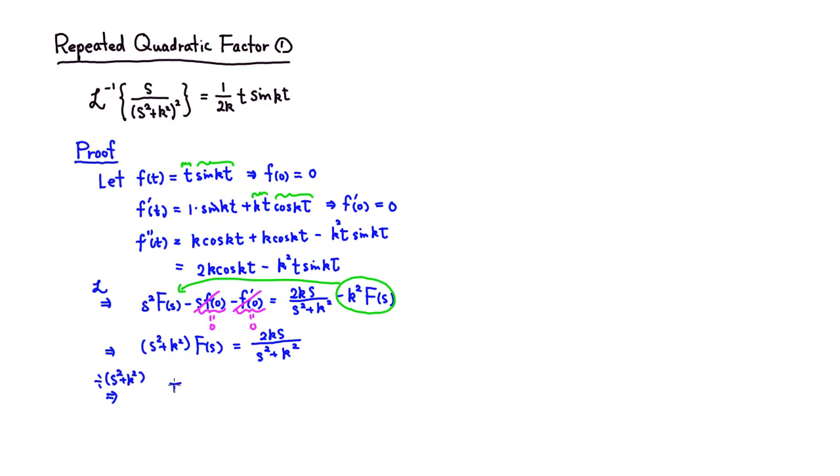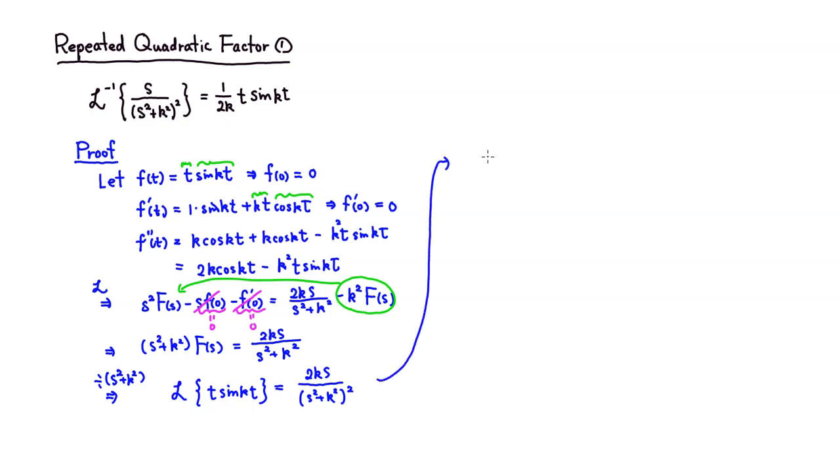So F of s, which is the Laplace transform of t sine of kt, is equal to 2ks over quantity s squared plus k squared, squared.